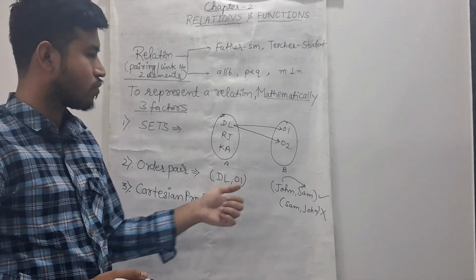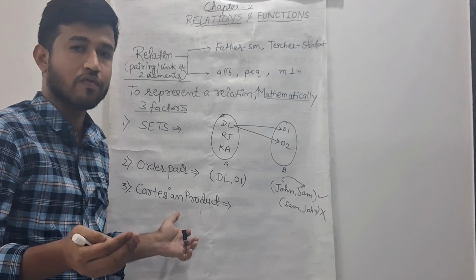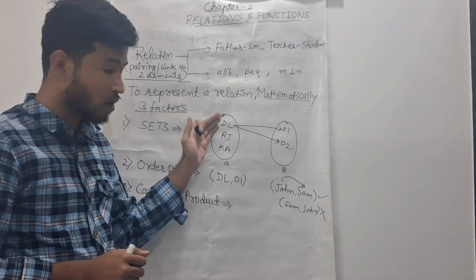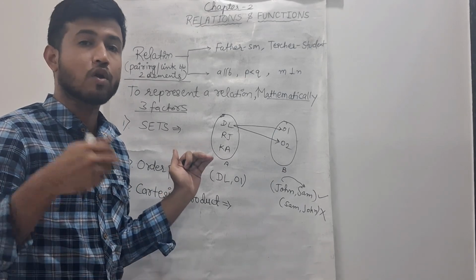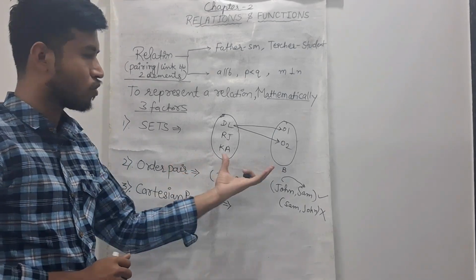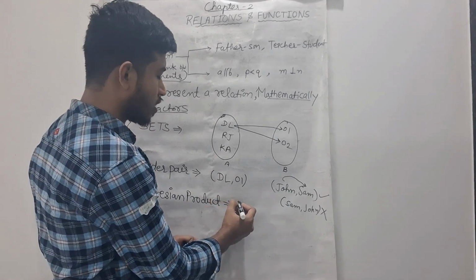Now we come to Cartesian product. Why do we need the third factor, Cartesian product? To define all the possible ordered pairs from two sets. Like what are they?